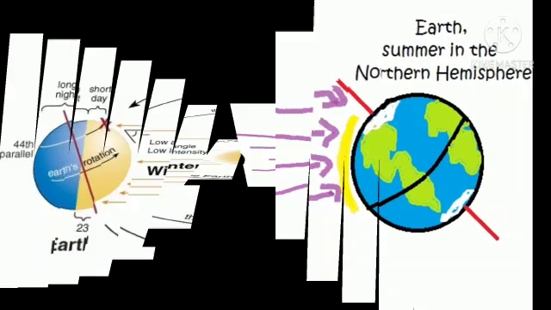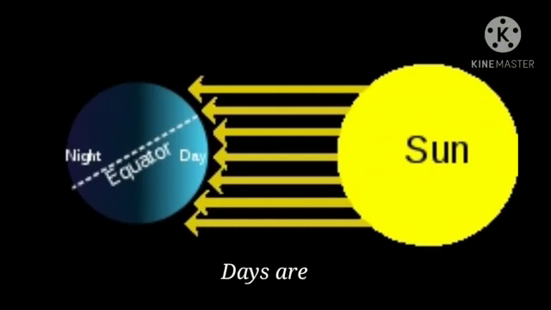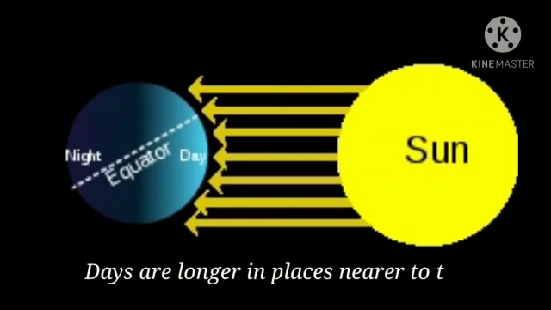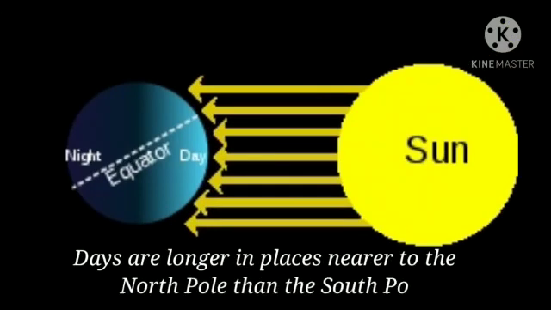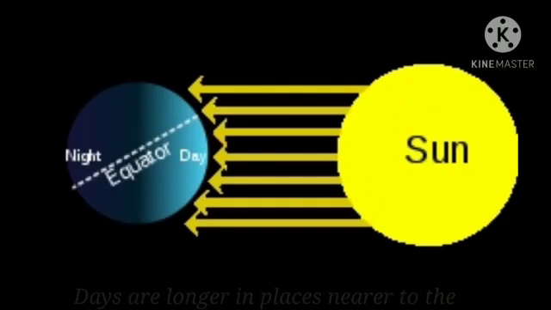Therefore, the northern hemisphere is said to be experiencing summer season, while the southern hemisphere is said to have winter season. During the summer season, days are longer than nights. Days are longer in places nearer to the North Pole than the South Pole.